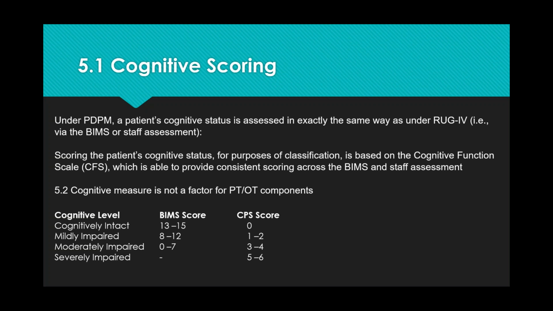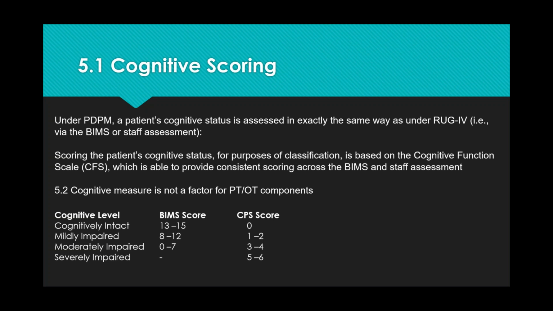The score that is going to be used at our facilities is the BIMS, which is on the MDS, and stands for Brief Interview for Mental Status. The cognitive levels: cognitively intact will score 13 to 15. Mildly impaired cognitive status is 8 to 12. Moderately impaired cognitive status is 0 to 7.